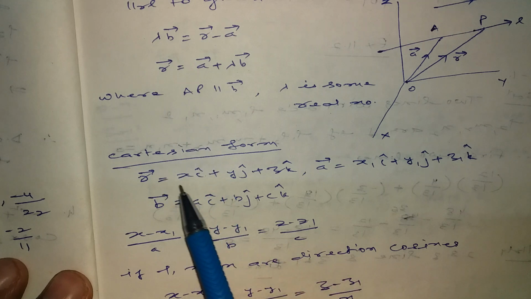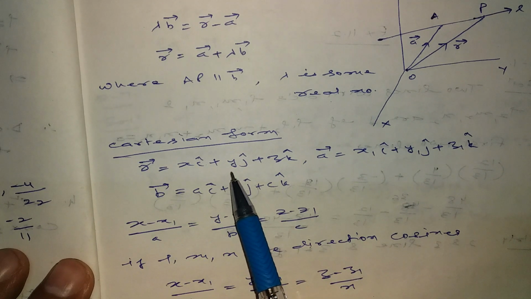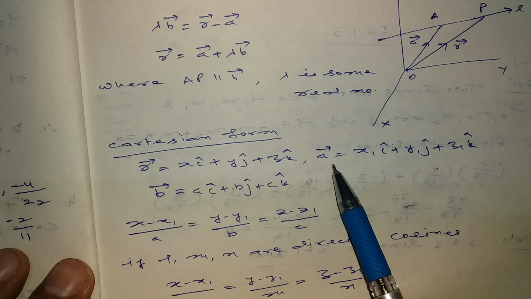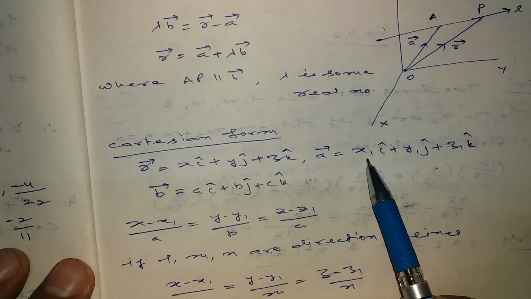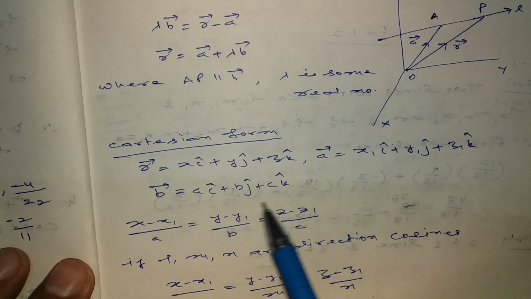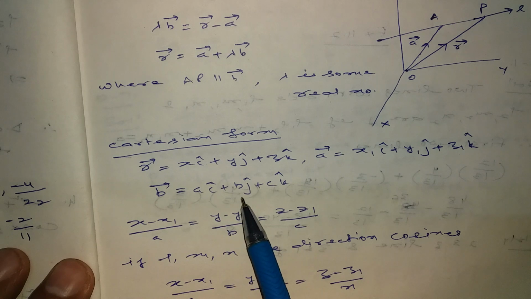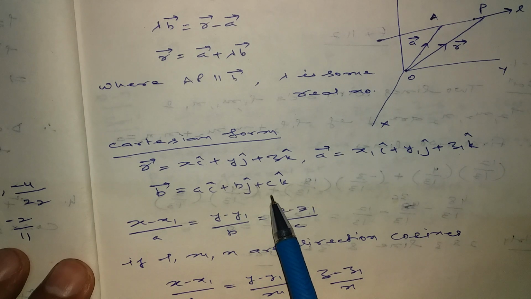Now for the Cartesian form, r vector we will generally write as xi plus yj plus zk. Let vector a be x1 i cap plus y1 j cap plus z1 k cap, and b vector be a i cap plus b j cap plus c k cap.